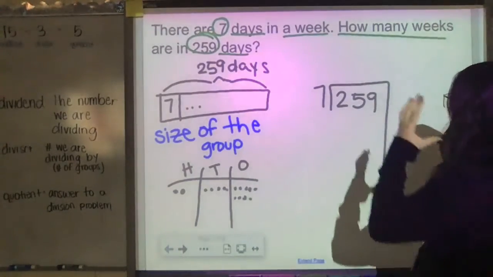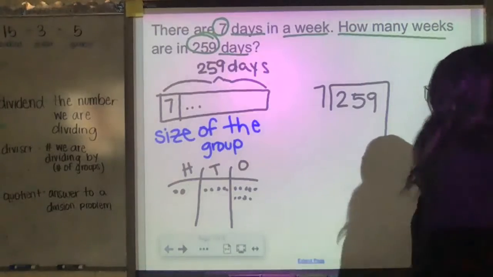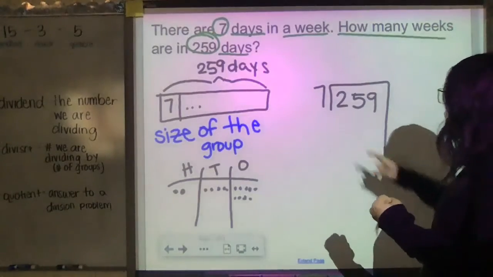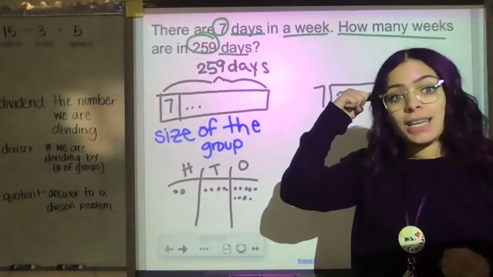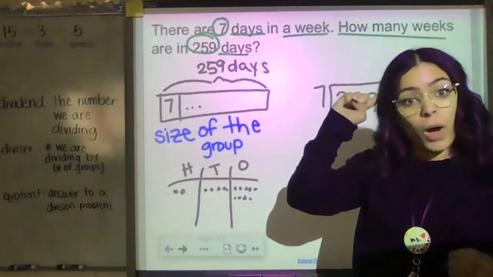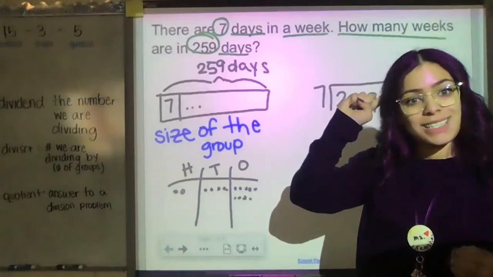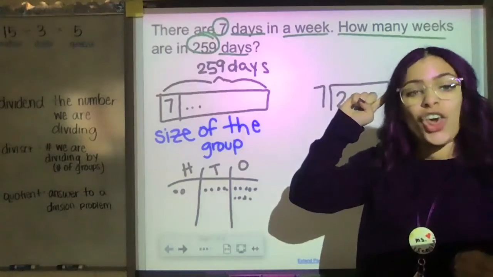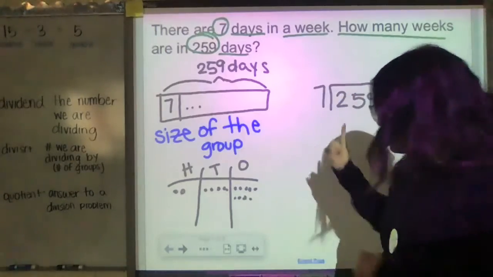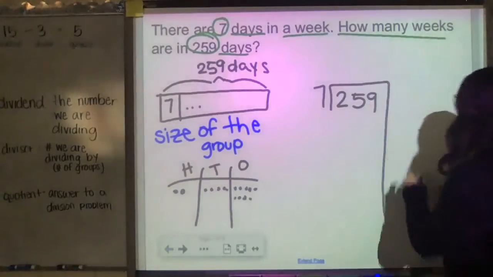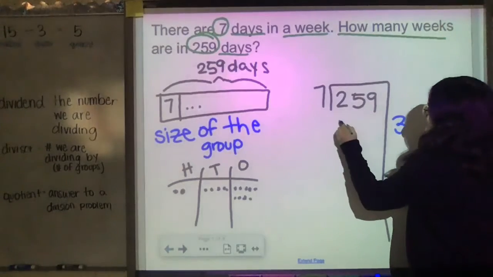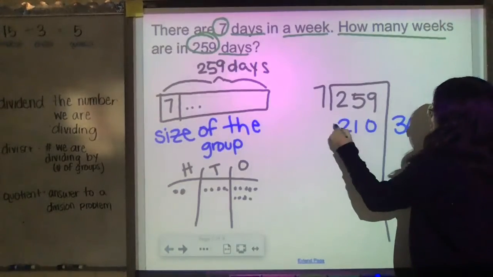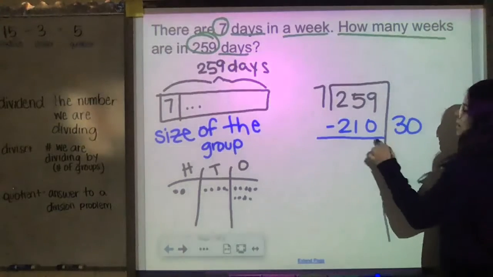So I'm thinking, okay, 7 into 250. Wait a second. I know that 7 times 3 is 21, which means 7 times 30 is 210. That's a big chunk I can take away. So if I say I can take 30 groups, that takes 210 days and starts grouping them into weeks.